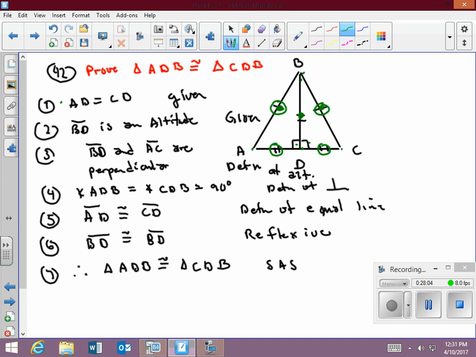We don't have them. That was an error on my part, so this is not equal to this. AB is not equal to CD, but once they're congruent, then those two sides are congruent. I had mistakenly, in my head, thought that we were saying AB and CD were congruent. That was my mistake. We had shown that AD and CD were equal, and therefore they're congruent.